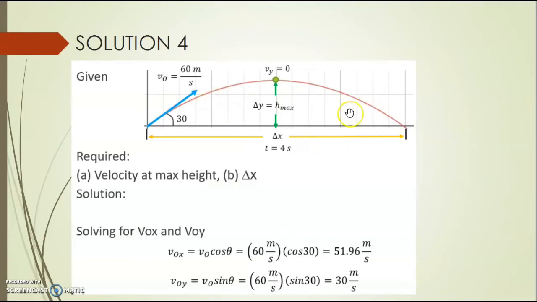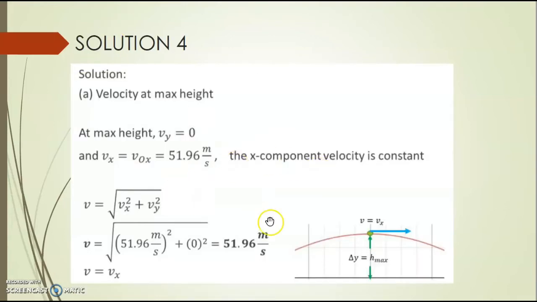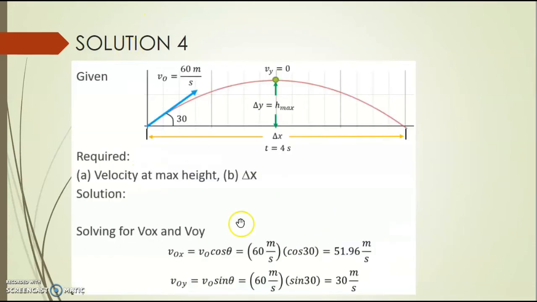Now, this is the illustration of the given problem. For the velocity at the maximum height, we know that Vy is 0. Therefore, what's left is V sub x. And V sub x is equal to Vox, or Vo cosine 60.